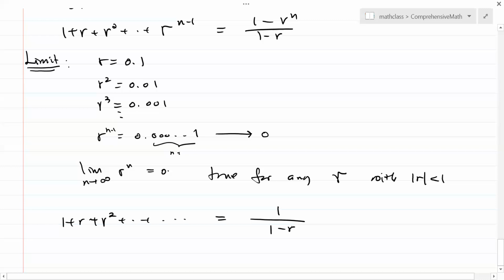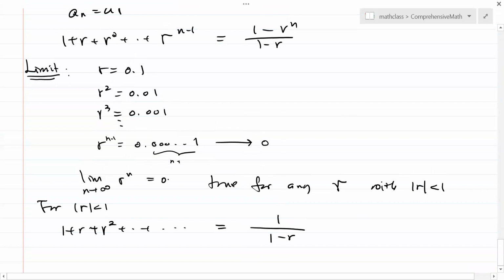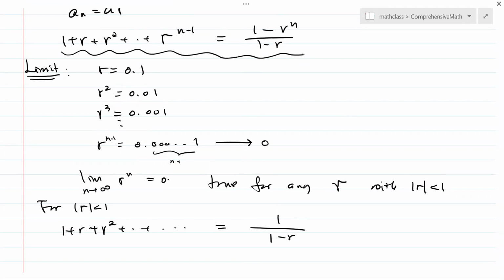Why? Because in this case, for absolute value of r less than 1, this identity holds. Look at the above: on the left-hand side you have n terms, on the right-hand side you have a fraction. But suppose n is getting close to infinity.